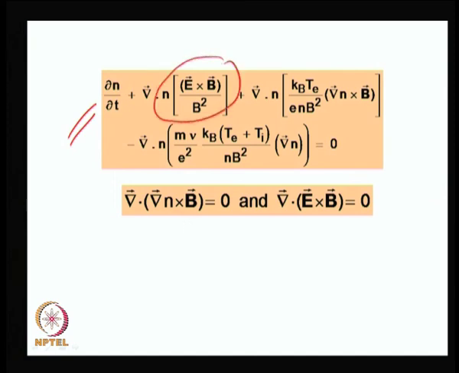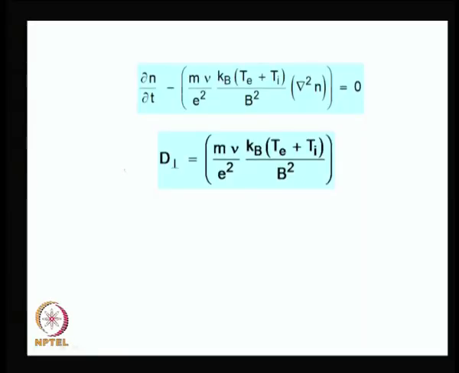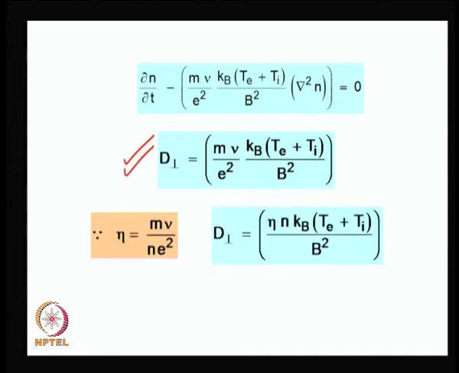So, we are left with two terms, one of which gives us the coefficient of del squared n, and that is nothing, as you know, but the diffusion coefficient. This is nothing but the perpendicular diffusion coefficient. And since eta is m nu upon N e squared, we can write this diffusion coefficient in terms of eta as eta n kB (Te plus Ti) upon B squared.